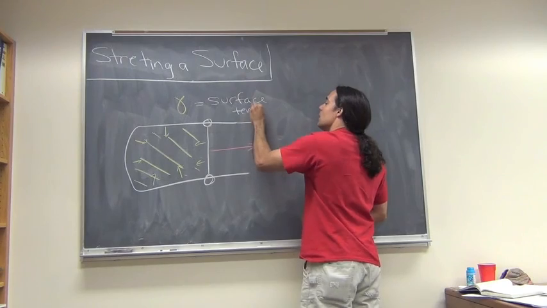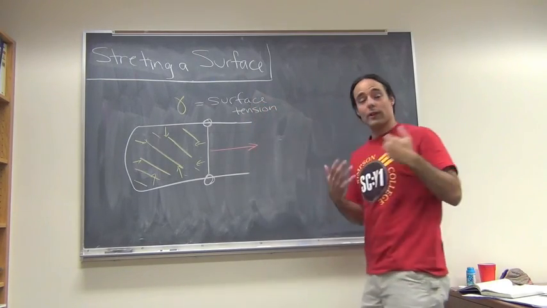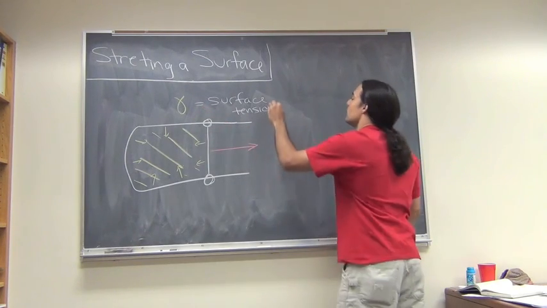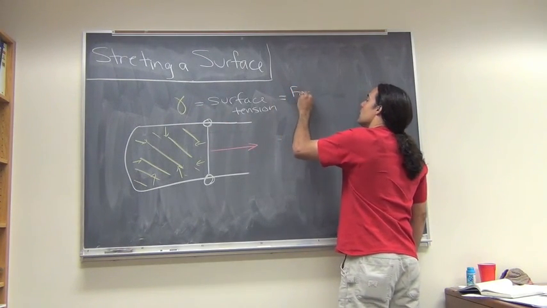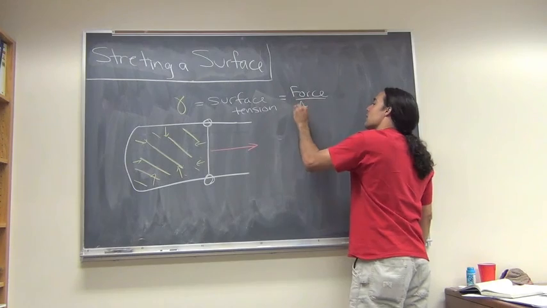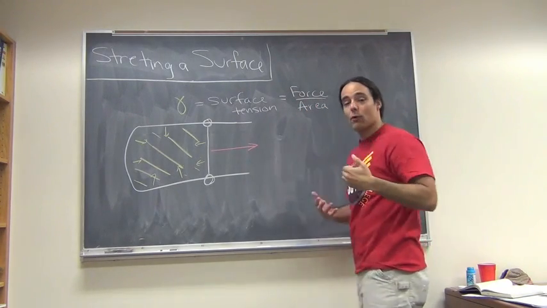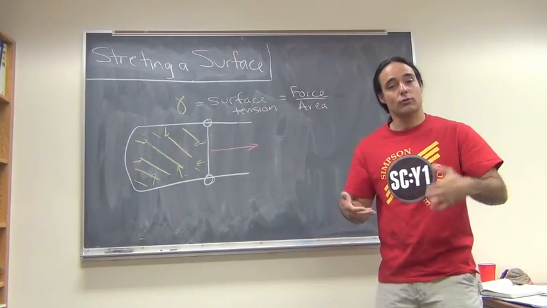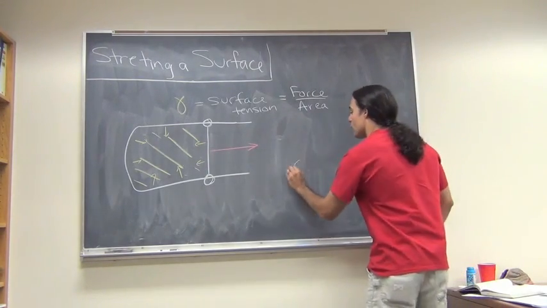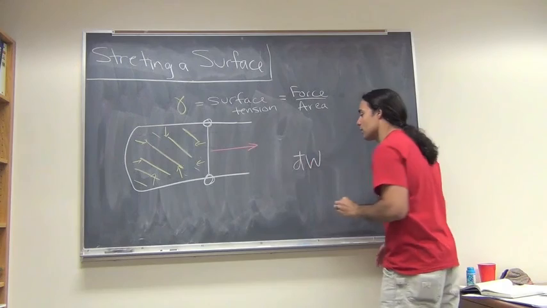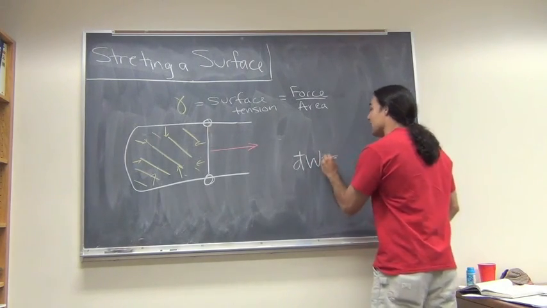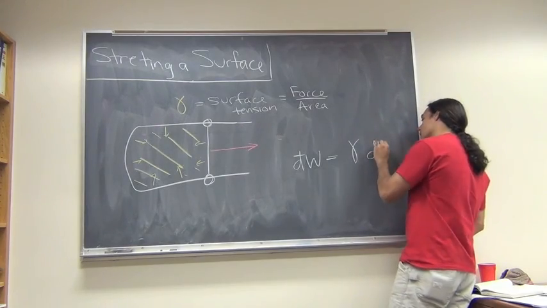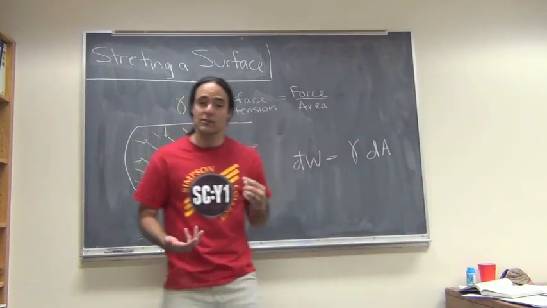Now, so that you know what surface tension is, this is the amount of force per unit length you have to apply to get the surface to stretch by a given area. Therefore, the differential amount of work, dW, is just going to equal gamma times the change in the surface area.